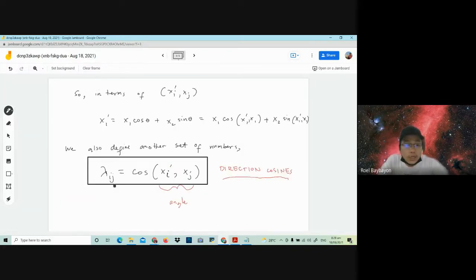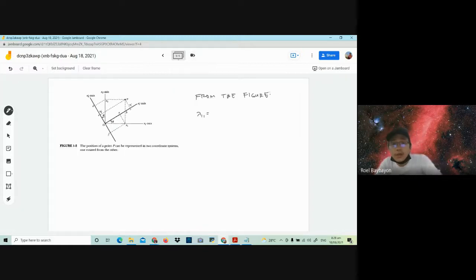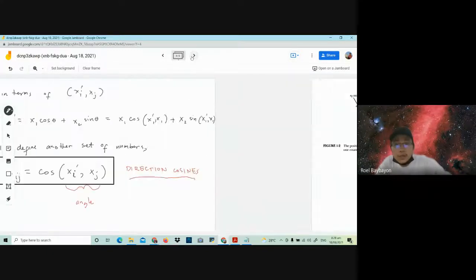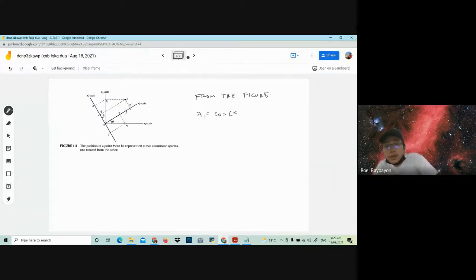Lambda 11 is lambda when i is 1 and j is also 1. So lambda 11 is equal to cosine of x1 prime x1.